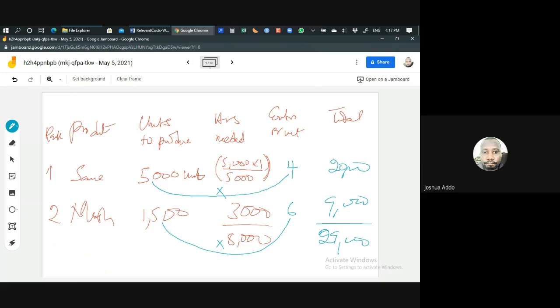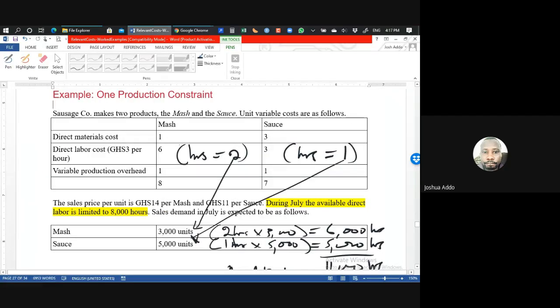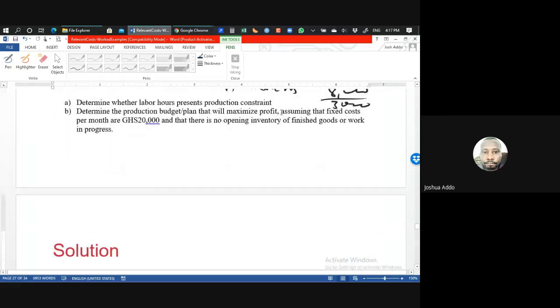And once we have a given contribution, we can determine the profit. The profit is not so necessary, it's the contribution that matters, because the fixed cost will be the same. In this particular question, they said there's a fixed cost of, let's read it from the question: assuming that fixed cost per month is 20,000, no opening stock, and so on.